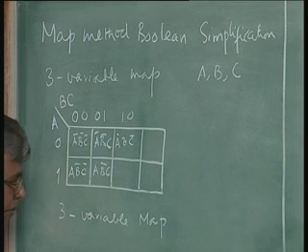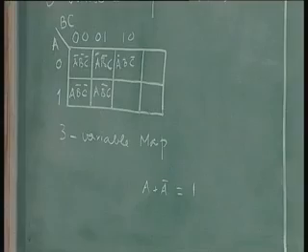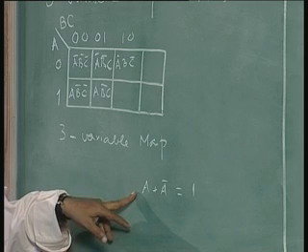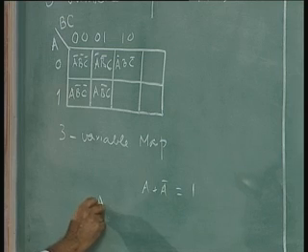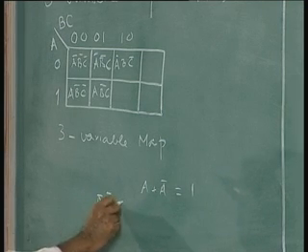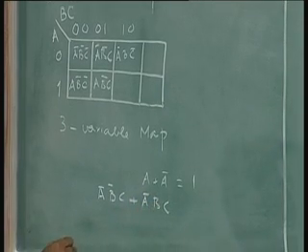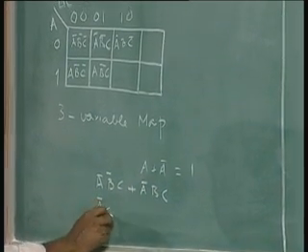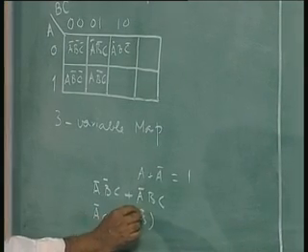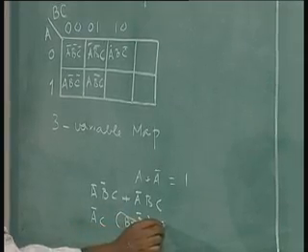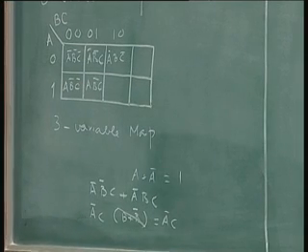Remember, this type of identity I have used repeatedly to knock off a variable. So for example, if we have A bar, B bar, C, or A bar, B, C, then I can take this as A bar, C and B or B bar and knock it off and write it as A bar, C. That means I should only let one of these 2 variables change.